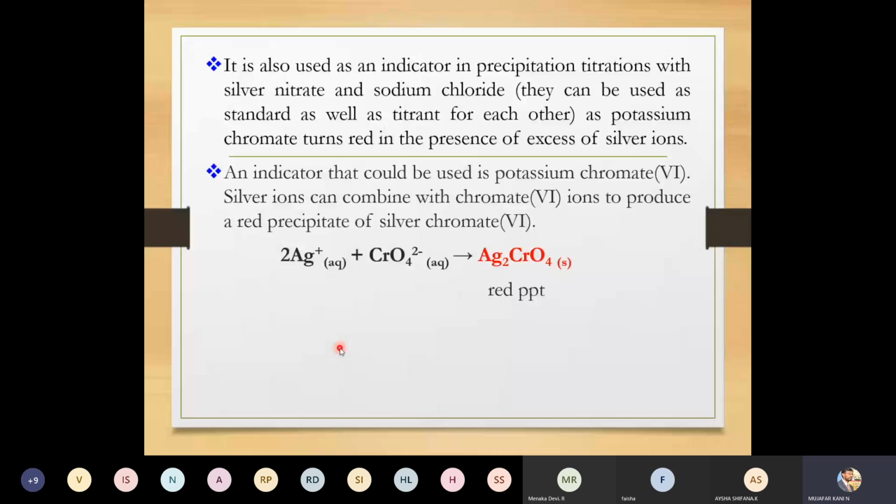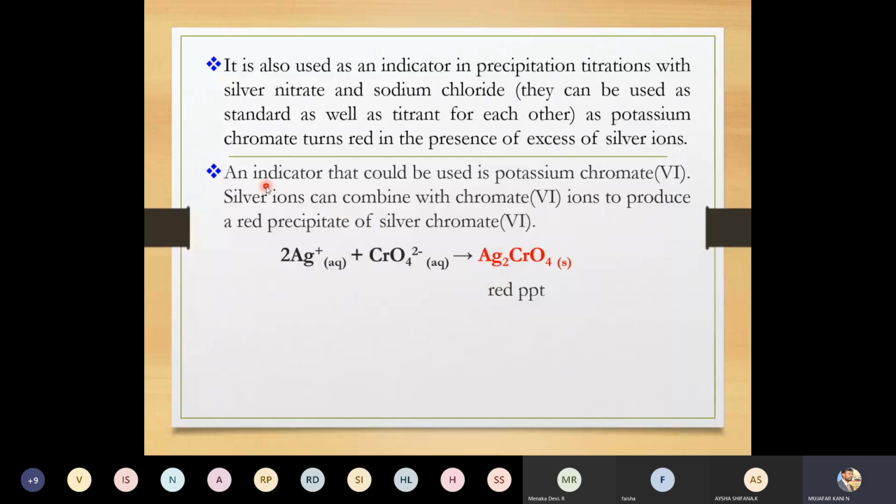It is also used as an indicator in precipitation titrations with silver nitrate and sodium chloride. They can be used as standard as well as titrant for each other, as potassium chromate turns red in the presence of excess silver ions. So what happens here is the silver chloride treated with the potassium chromate may be converted into silver chromate as a red precipitate.